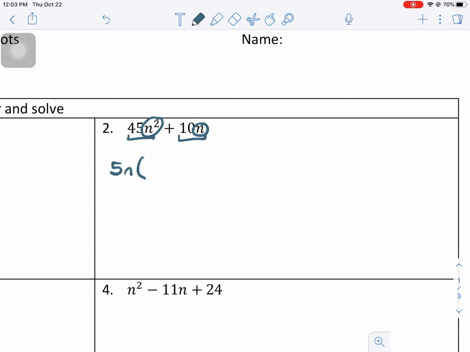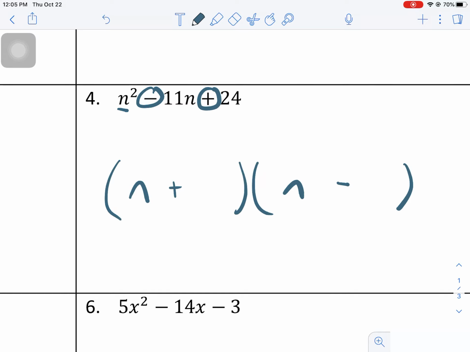Number 4, so we have positive in the back, negative in the middle. So when I'm building my 2 sets of parentheses, it's going to be positive and negative. Just 1 for my a value, so it's n and n. My factors of 24, 1 and 24, 2 and 12, 3 and 7, 4 and 6.